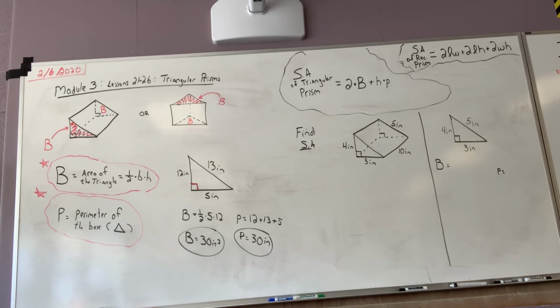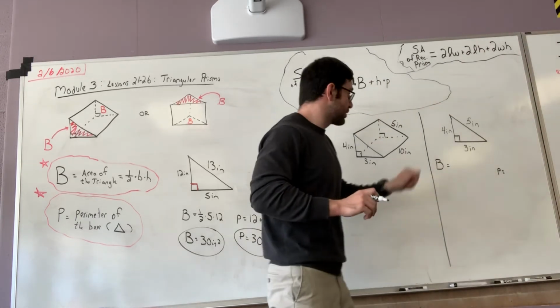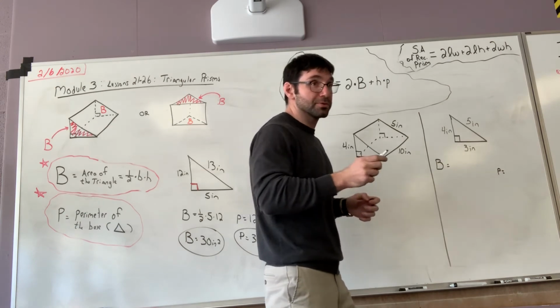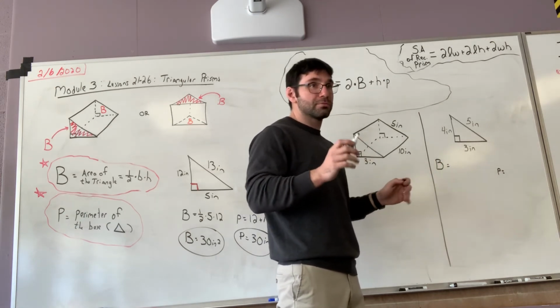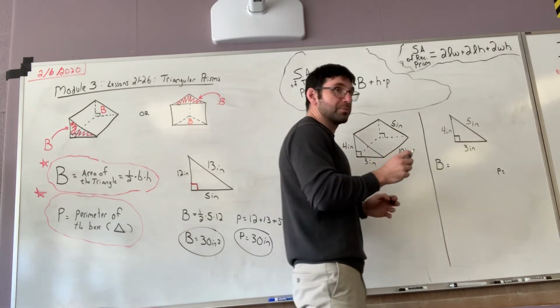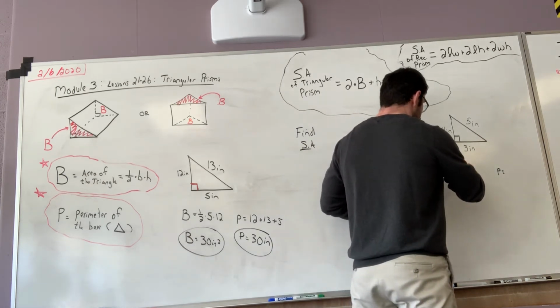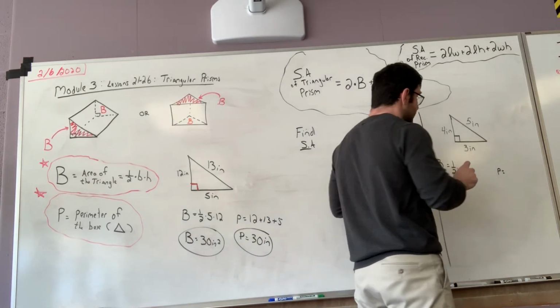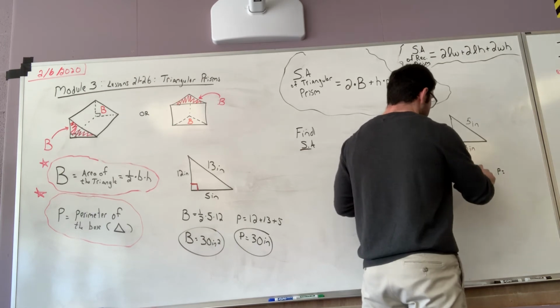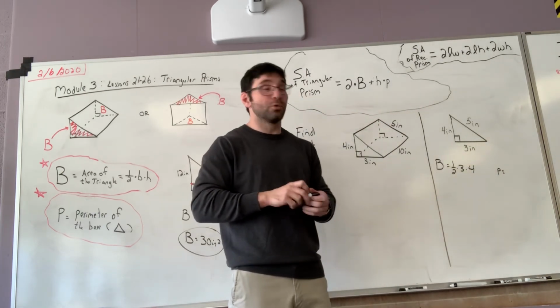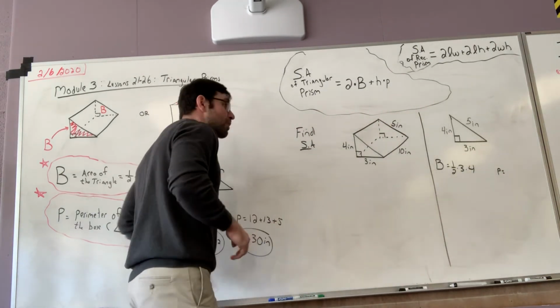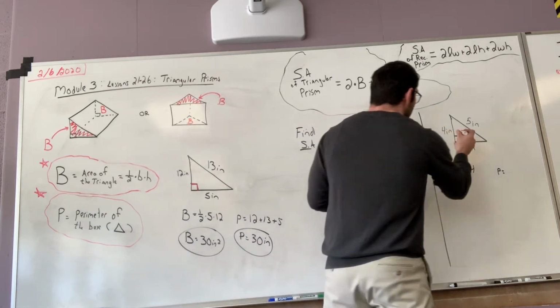Okay, Corbin, you're going to help me substitute in with numbers, okay? Can you help me substitute in for what big B is going to be with numbers? Not the actual answer, but what I would put in for the formula. 1/2 times 3 times 4. Good. 1/2 times 3 times 4. Again, how do I know what my base and my height are?